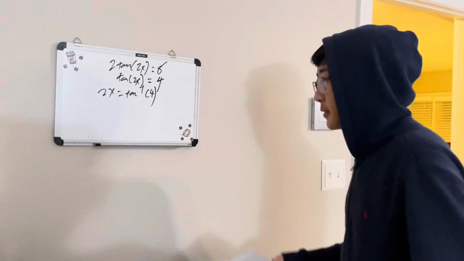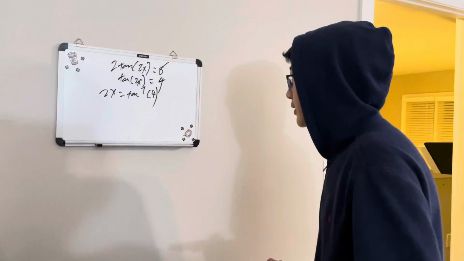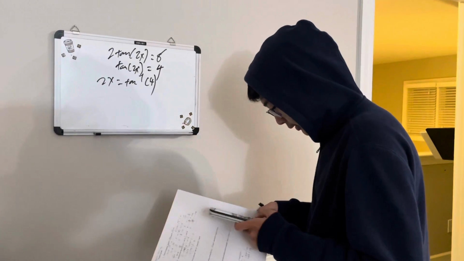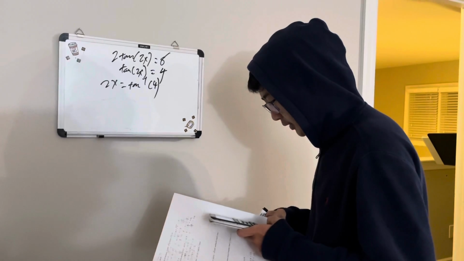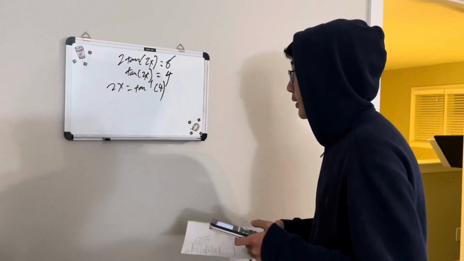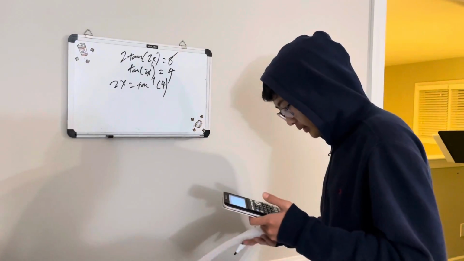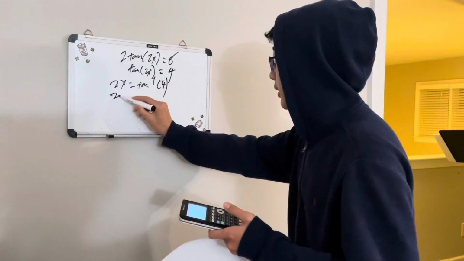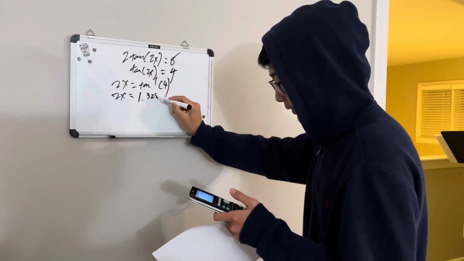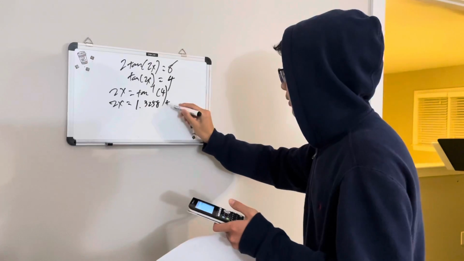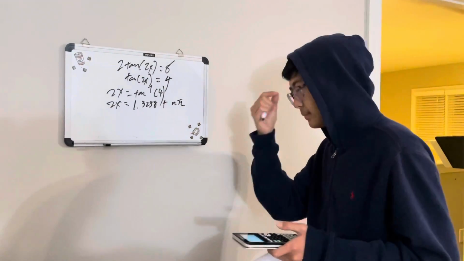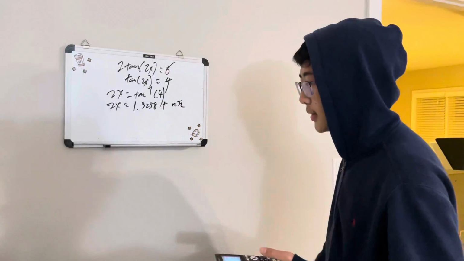In the next step, let's calculate tangent inverse 4 for now. Make sure your calculator is in radian mode. I got 2x equals 1.3258 plus n pi. For now, we add the n pi because we want all solutions.